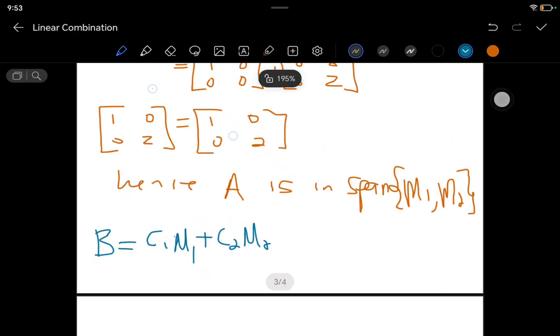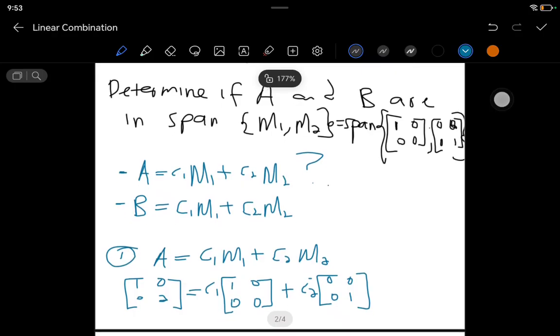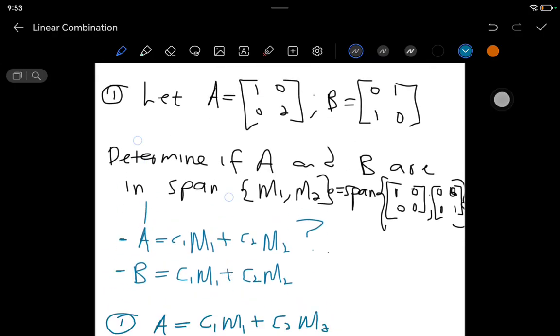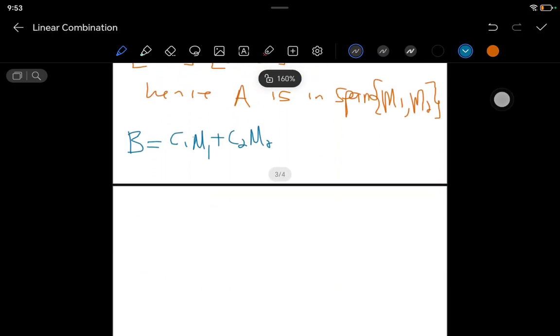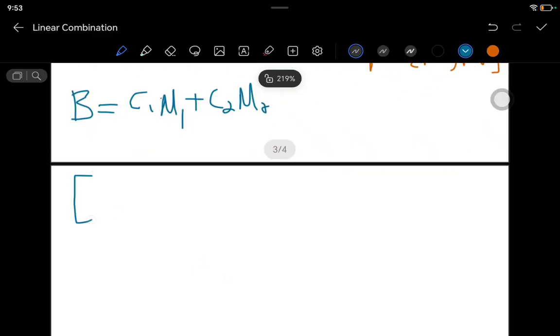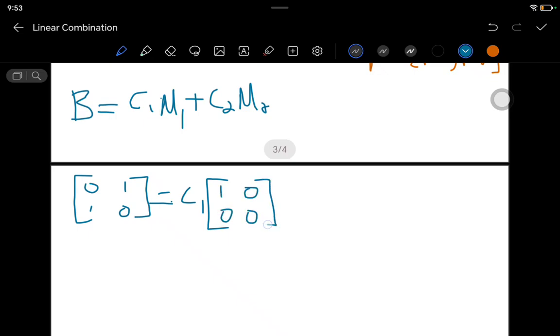And then let's see what our B is. Our B is 0, 1, 1, 0. This was C1, this one was 1, 0, 0, 0, plus C2, this one was 0, 1.